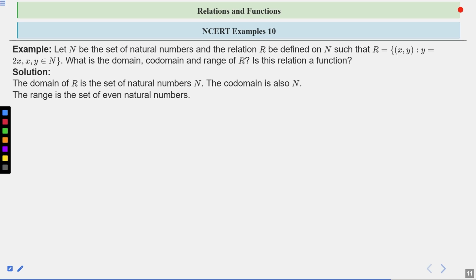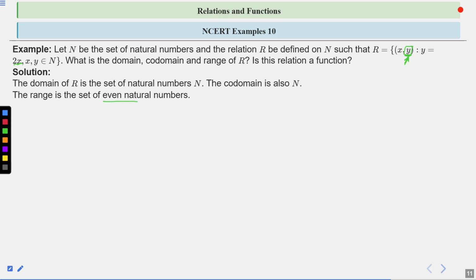Now for range, quite simple, what is the range? The collection of all y's. Yes, collection of all elements which appear in the second position of your ordered pair. And you know that y is of the form 2 times some natural number, meaning multiple of 2, meaning even natural numbers.